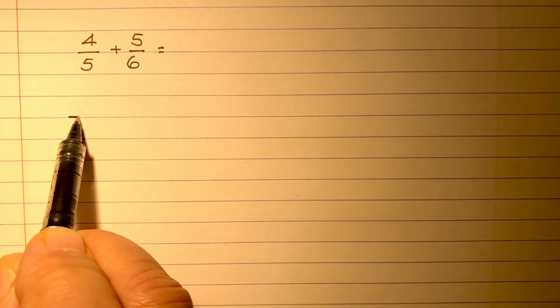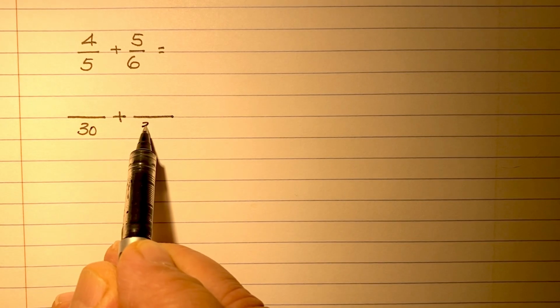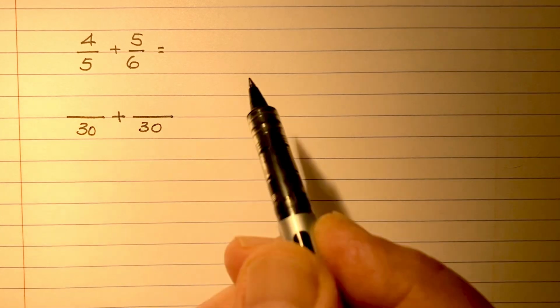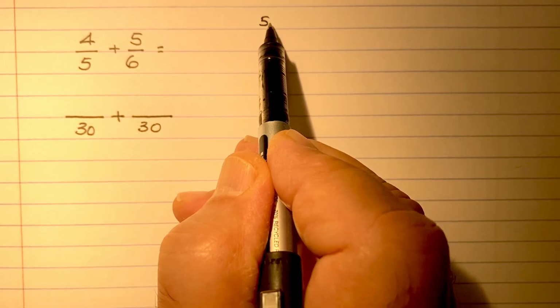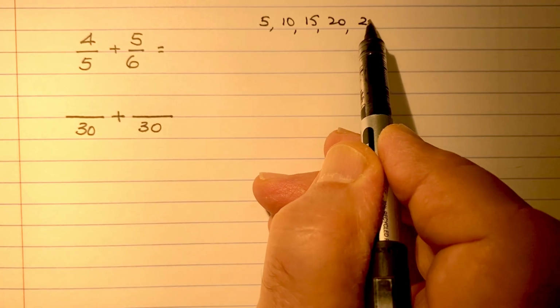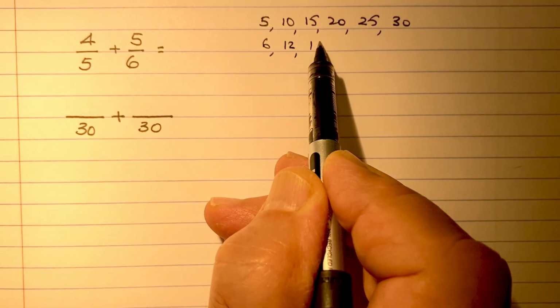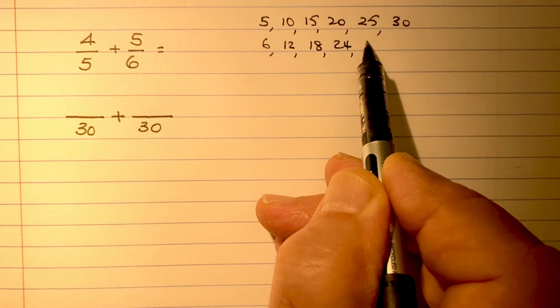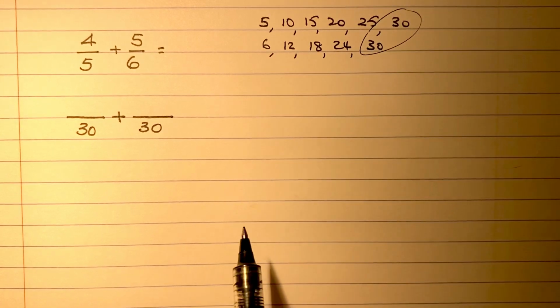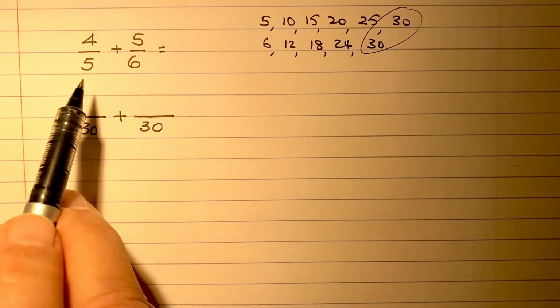So both denominators become 30. So 30 is the same common denominator.